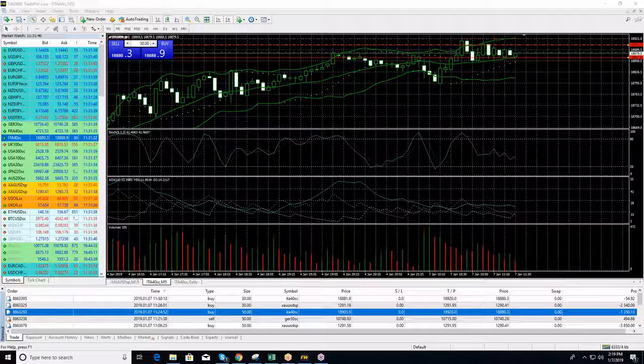We have two long positions on Italy 40, and our take profit is at 18,920, because as you can see, it is a clustering.